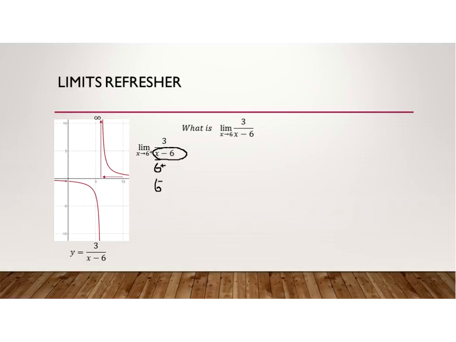If x is just a little below 6, like 5.99999, x minus 6 is negative, so the whole thing becomes a really big negative number. That's why the graph goes off to negative infinity instead of positive.